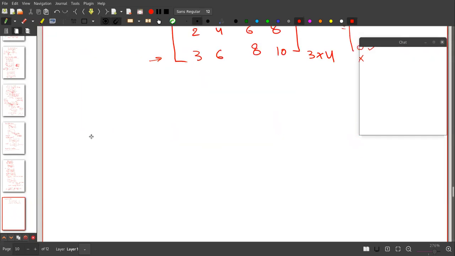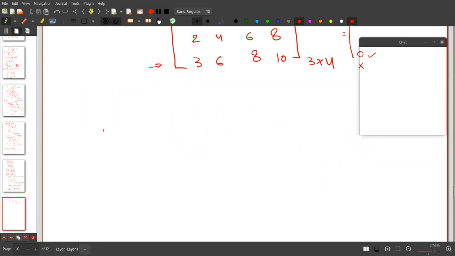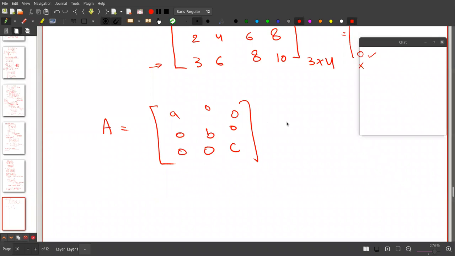Have I told you that if a matrix is diagonal, say A, B, C, and all zeros, what will be the inverse? I think I haven't told you. This is a special case.